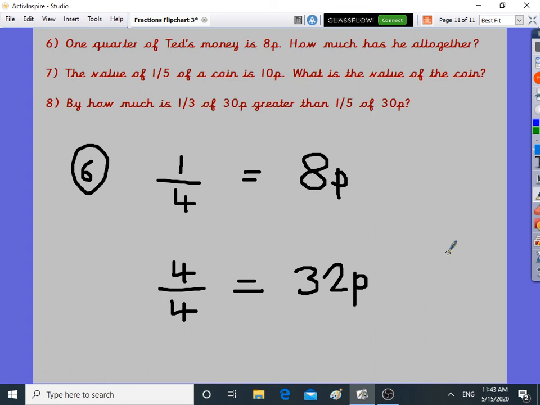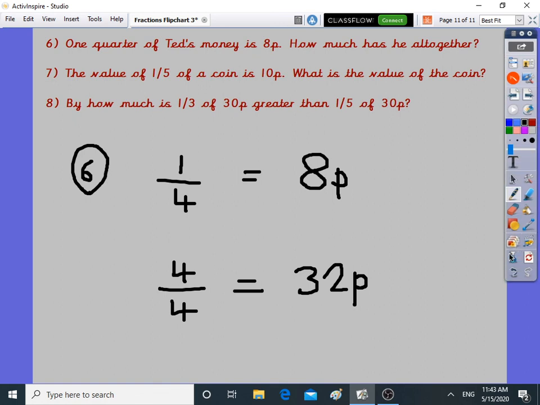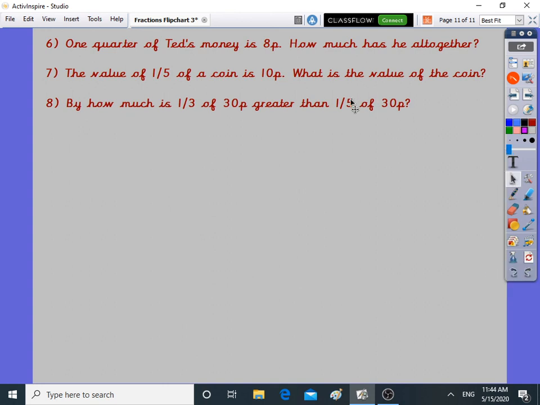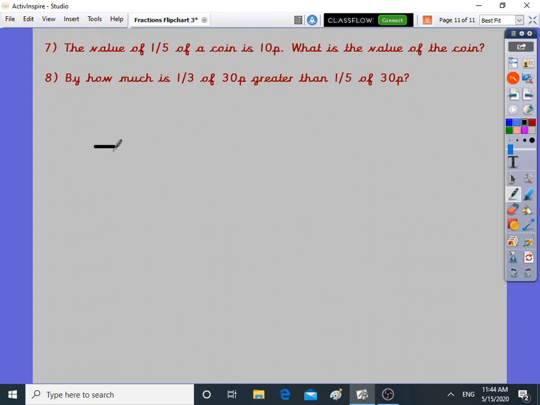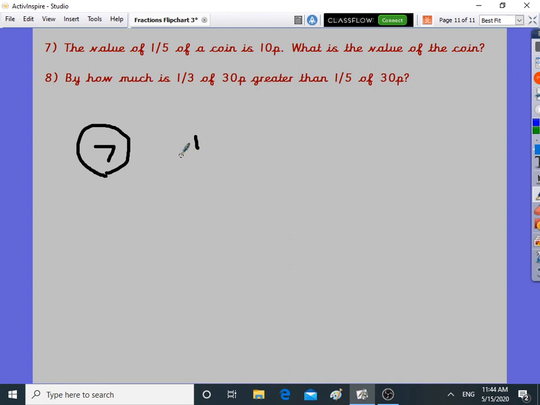Notice how all of these questions, you can use your songs. They can be so valuable to you in these questions. So the answer is 32p, and we're on number 7. The value of 1/5 of a coin is 10p. What's the value of the coin?